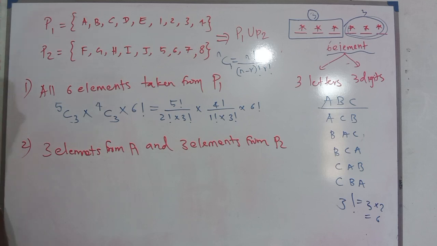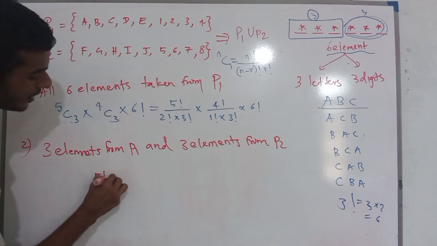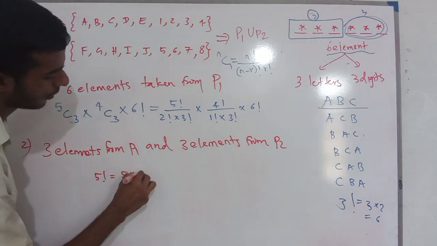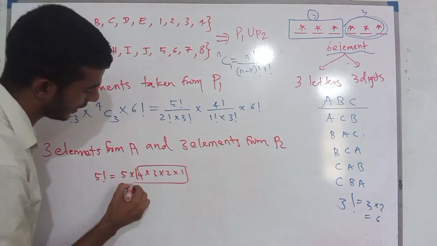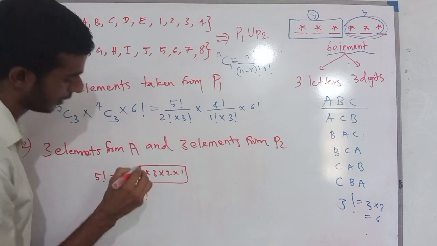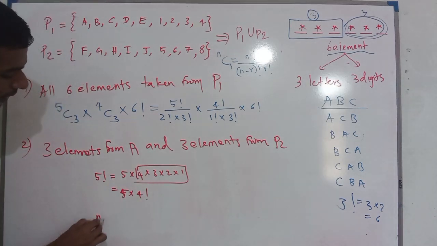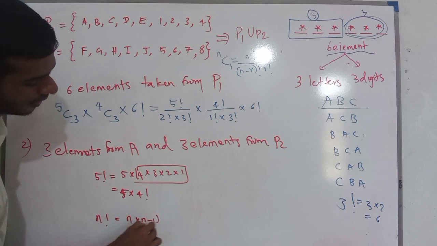Now you see, 5 factorial is equal to 5 into 4 into 3 into 2 into 1. Instead of this I can write 5 into 4 factorial, which means n factorial is equal to n into (n minus 1) factorial.